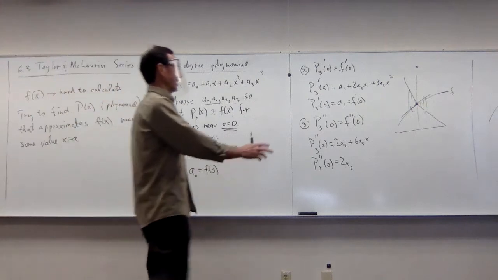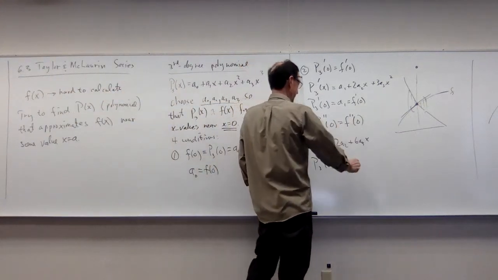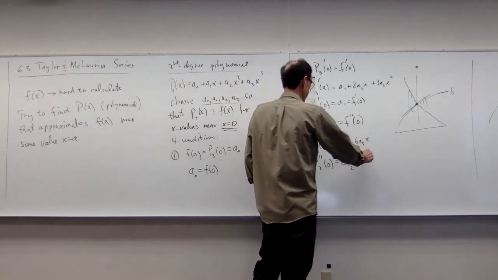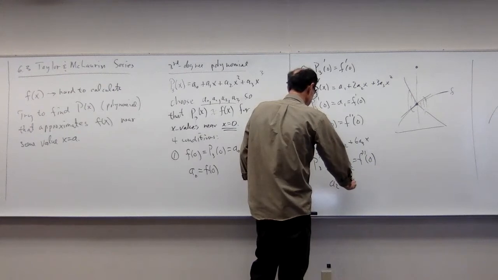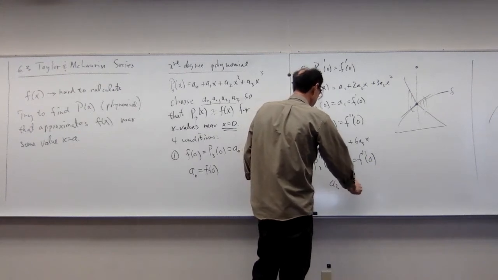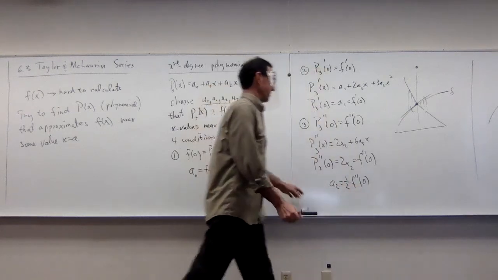And we need the second derivative at 0 to be f double prime at 0. So let's bring that down and solve for a2. And we see it needs to be 1/2 f double prime at 0.